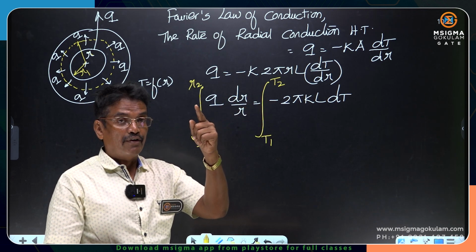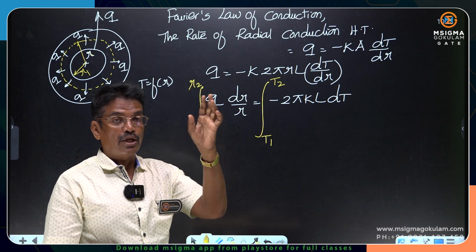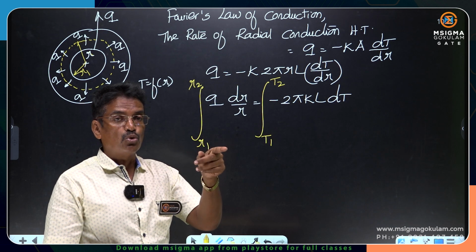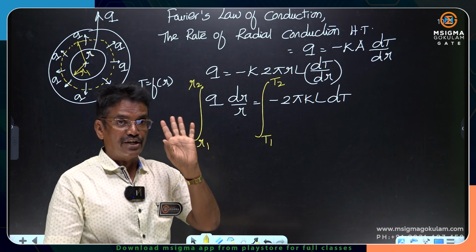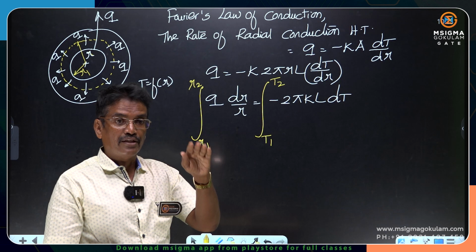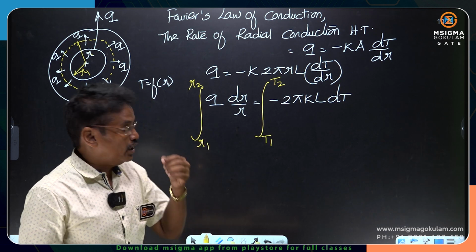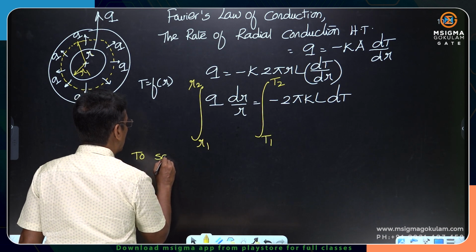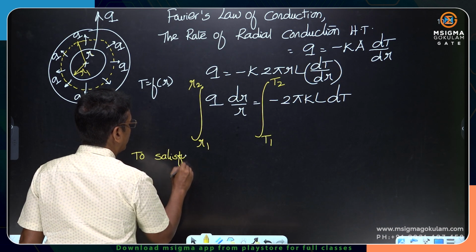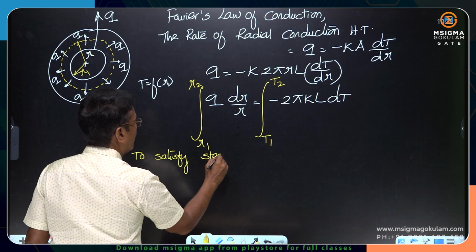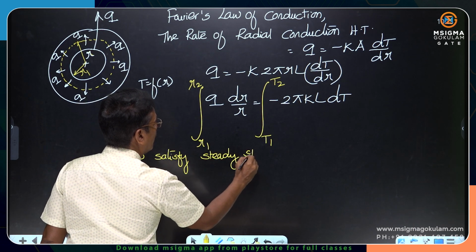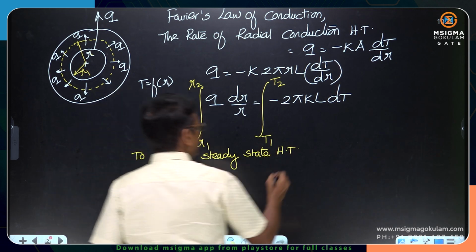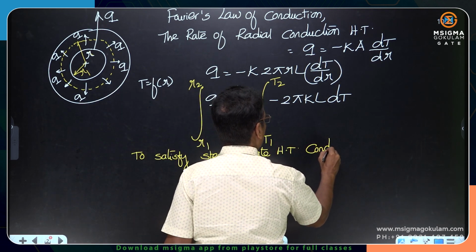Please recall that when I was deriving the conduction through a slab, I had very clearly mentioned that Qx is equal to Qx plus dx to satisfy the steady state heat transfer conditions. In the similar manner, here also Qr should be equal to Qr plus dr to satisfy steady state heat transfer conditions.